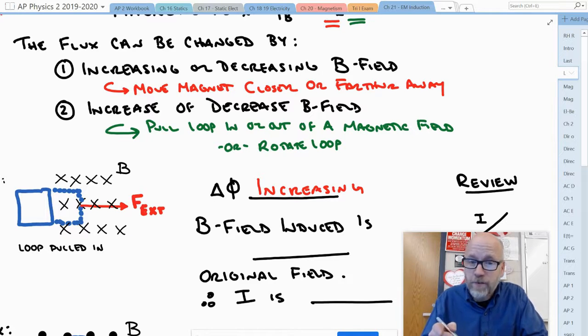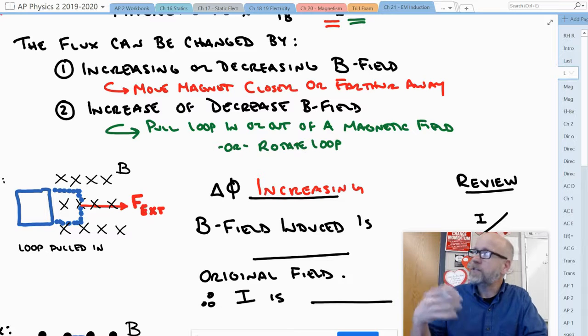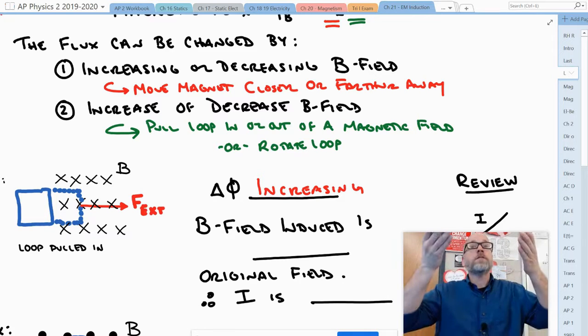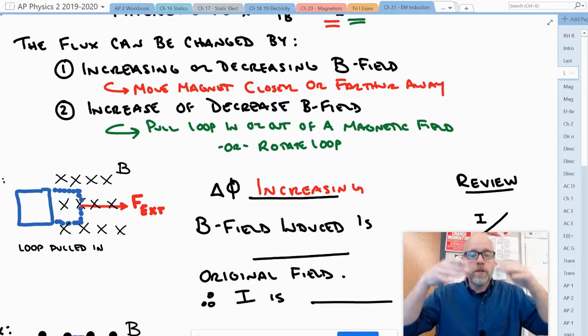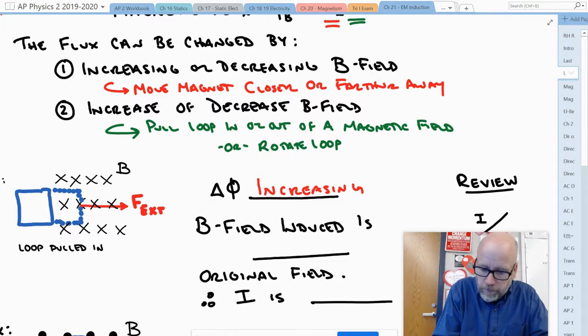Therefore, the B field that's induced in the loop is going to be opposite in direction. It's going to be opposite the change in the flux. And since the flux increased, the B field produced is going to be in the opposite direction.